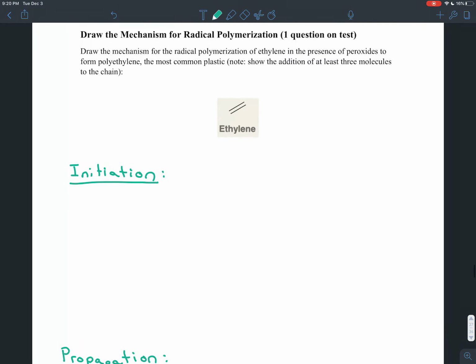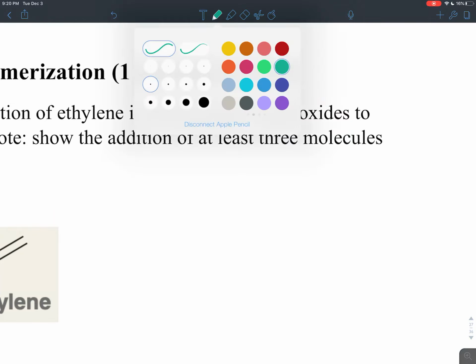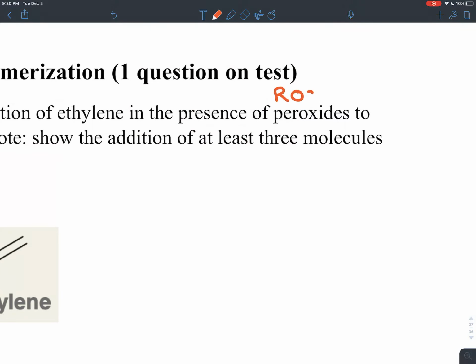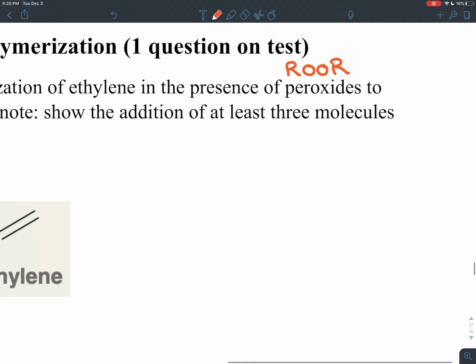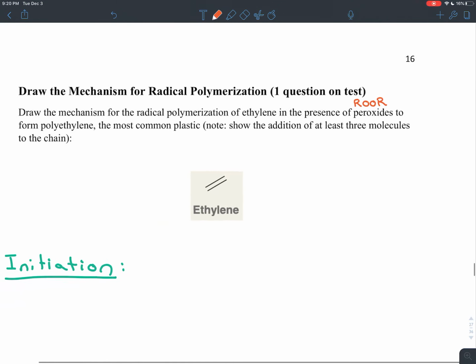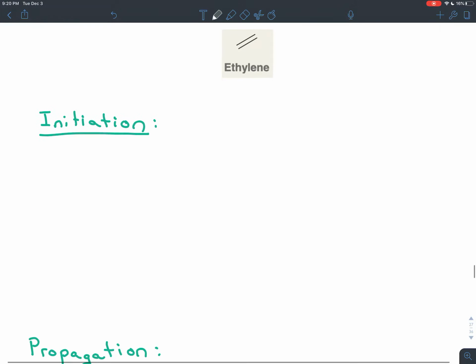Well, we were using peroxides. Remember that peroxides are ROORs. Let me put that in the color that we saw it in the last video, orange. We've used these peroxides before to get anti-Markovnikov addition of hydrohalogens, like HBr. So those ROORs, those are peroxides. The bond between the two oxygens is very unstable.